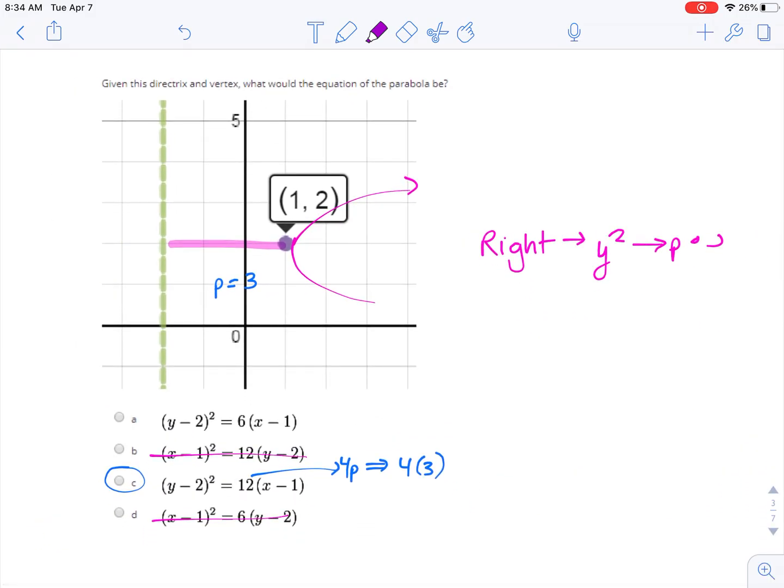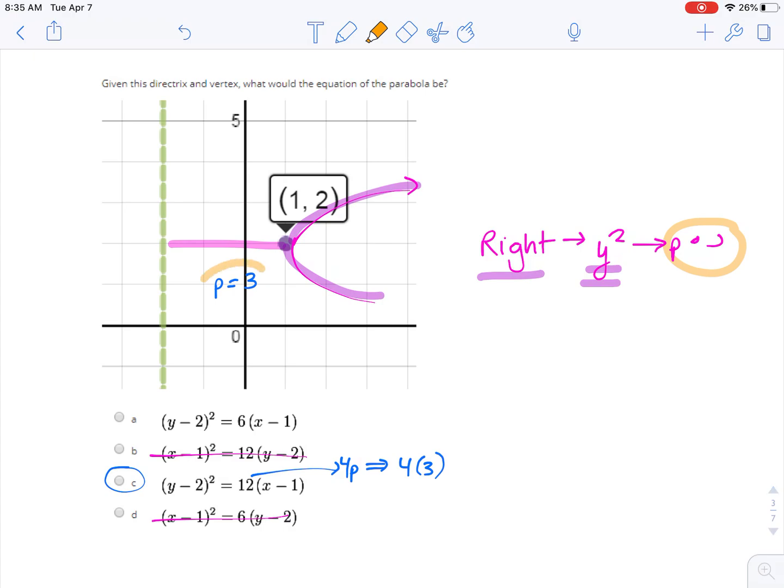For this next one, first thing you want to look at is which direction is it going to open. It's always going to open in kind of the opposite direction of that directrix. And so we know it's going to open to the right, meaning it's a y squared. So you can see I crossed off anything that had an x squared. It tells us that it is positive because it's going to the right.